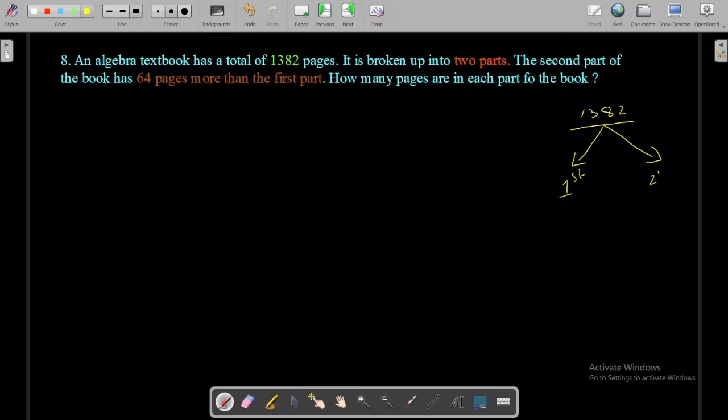So for example, this is the first part and this is the second part. So two parts are there. The second part of the book has 64 pages more than the first part. So first of all, let us take the first part. Let us assume that it is having x pages.